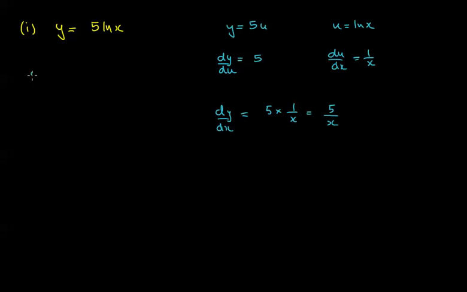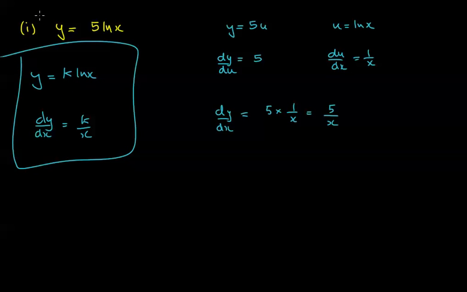And the general rule is if there's a number k multiplying the natural log, then dy by dx is just k over x. Okay, k times 1 over x. That's one thing to remember, right? A number times natural log just becomes k over x.